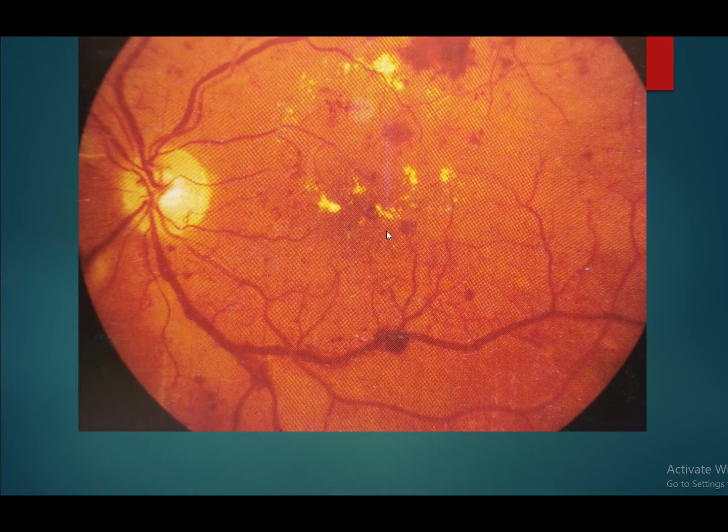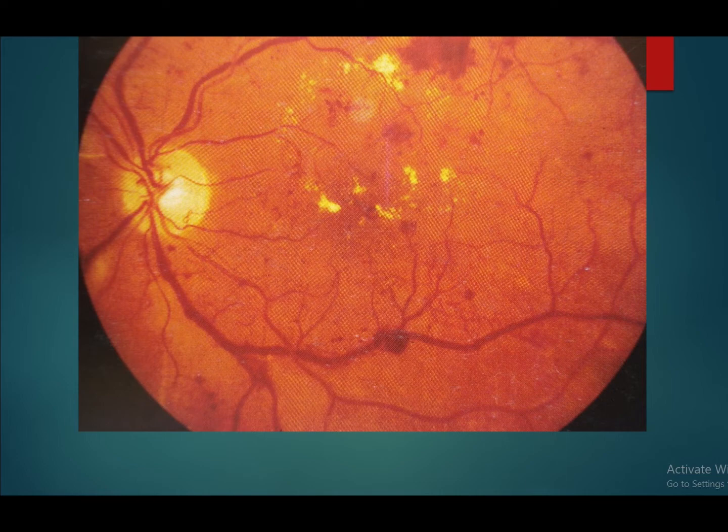You call it a severe diabetic retinopathy if it obeys the 4:2:1 rule, where you have hemorrhages more than 20 in number in 4 quadrants, or venous beading in any 2 quadrants, or IRMA in any 1 quadrant. If you have any one of these, it's called severe non-proliferative diabetic retinopathy.